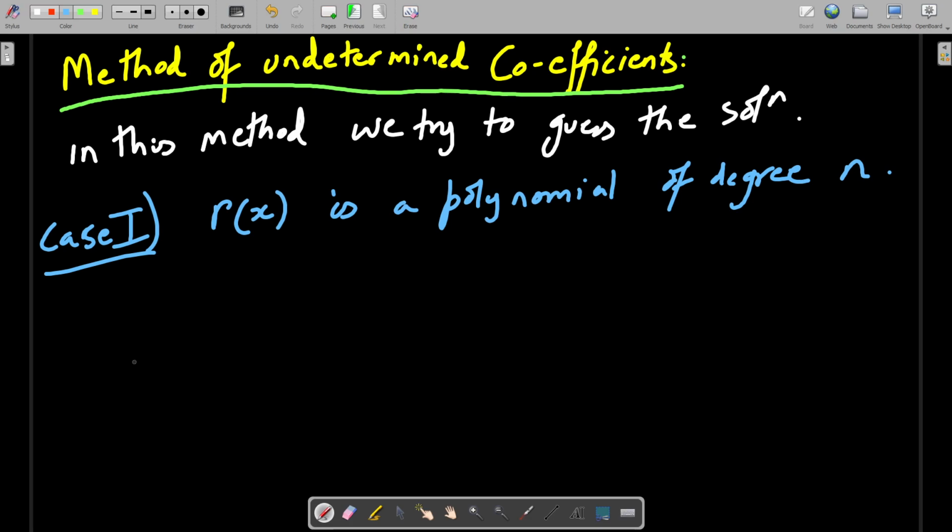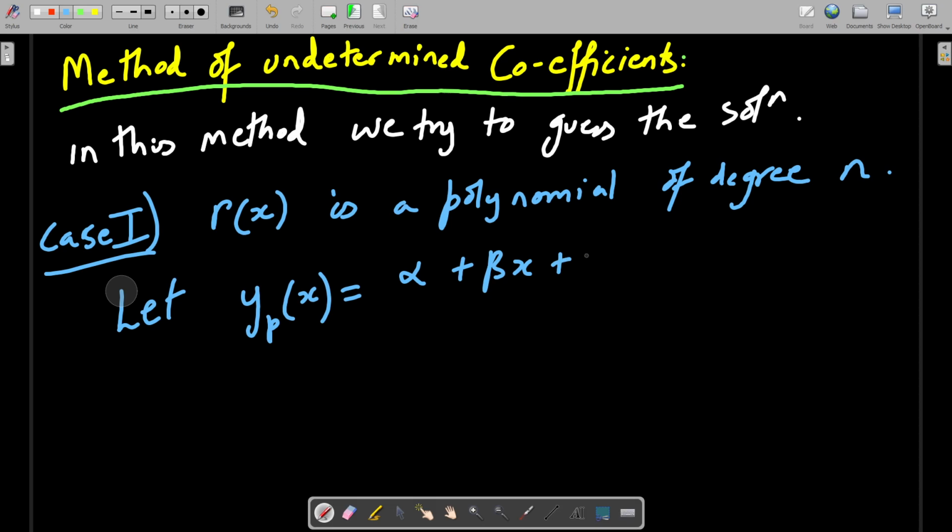So let yp of x be equal to alpha plus beta x plus gamma x square, be the particular solution of the differential equation.